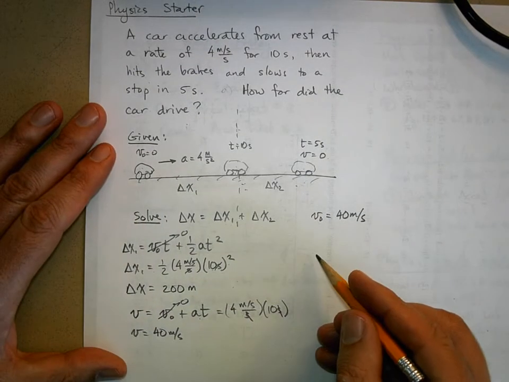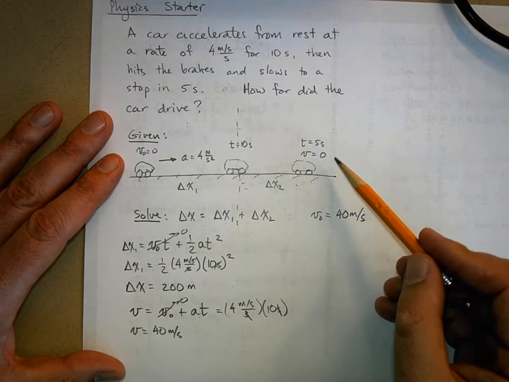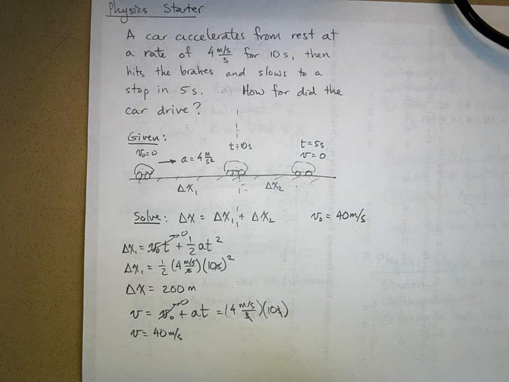So, now what do I know? I know v naught, I know time, I know the final velocity, and I'm trying to find delta x. What's not asked for and not given? The acceleration. So which equation doesn't have acceleration in it? You look on your little list. It's the second one. Gosh, I have them memorized. Okay, I've only been doing this for 20 years.